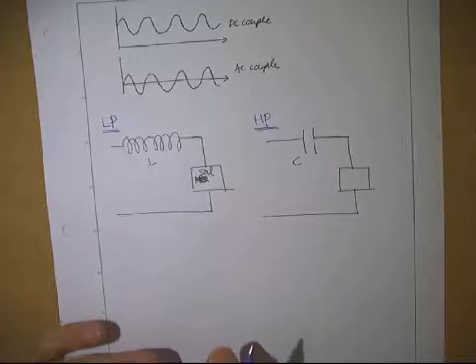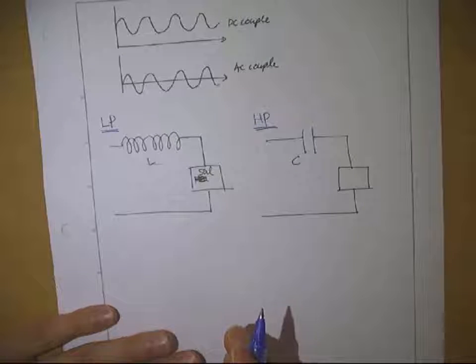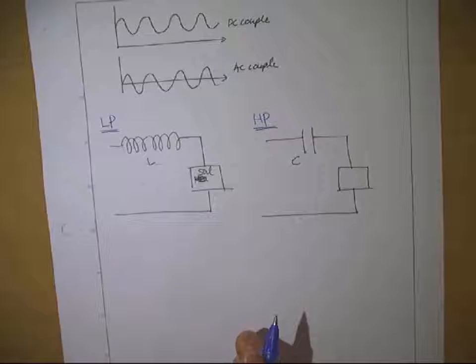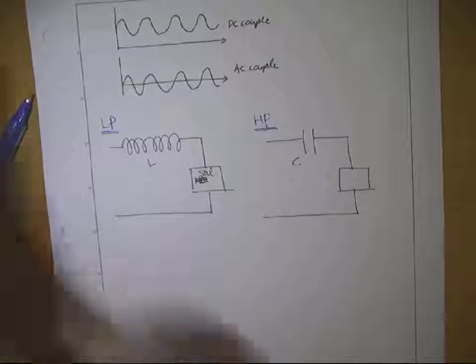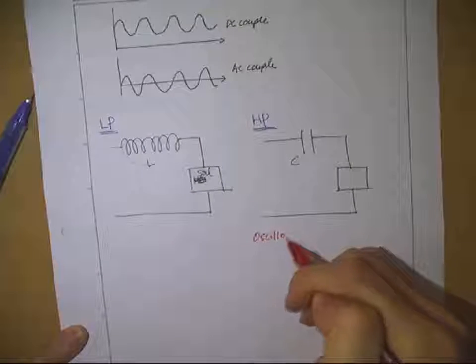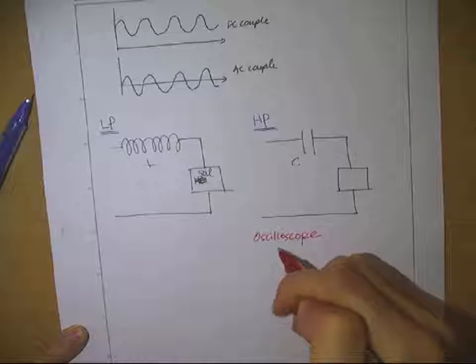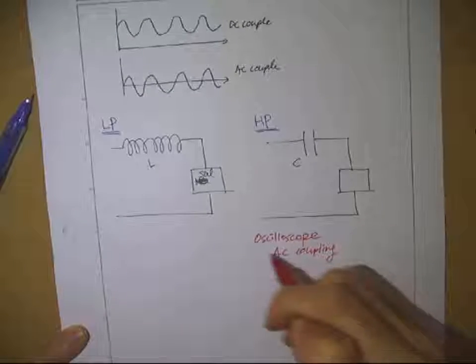In the oscilloscope, have you used the AC coupling? There is a DC coupling and an AC coupling, right? When you apply the AC coupling, it's like you are putting a capacitor in series with the measurement unit. So this is the same with the oscilloscope AC coupling.